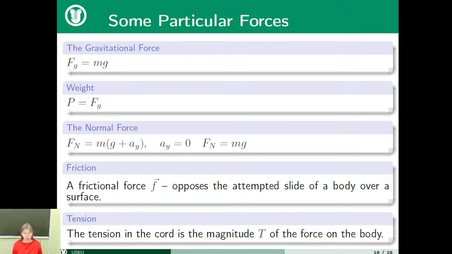Or in equation form, Fg equals the product of m and g, where g is the free fall acceleration. In words, the magnitude of the gravitational force is equal to the product of m and g, the free fall acceleration.